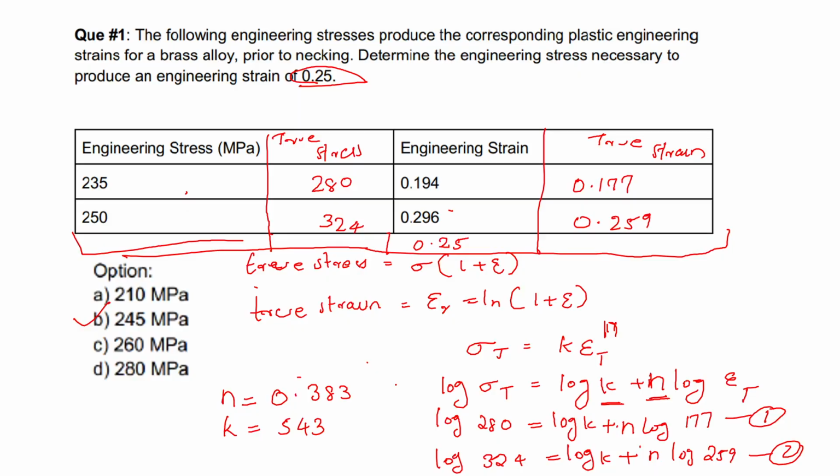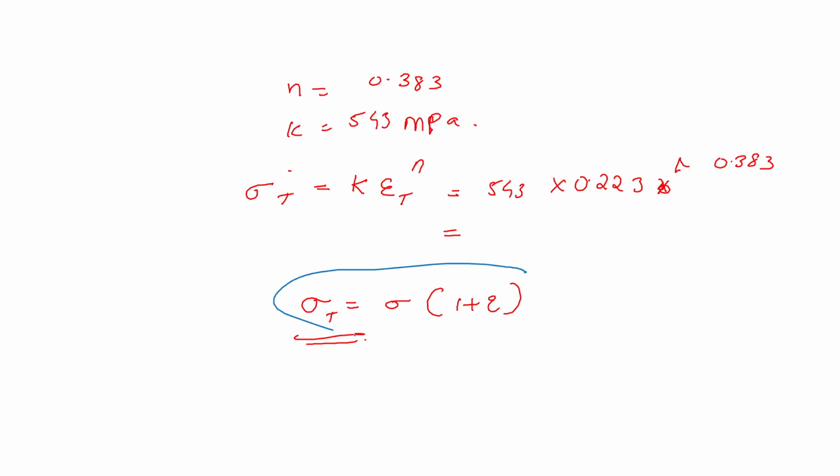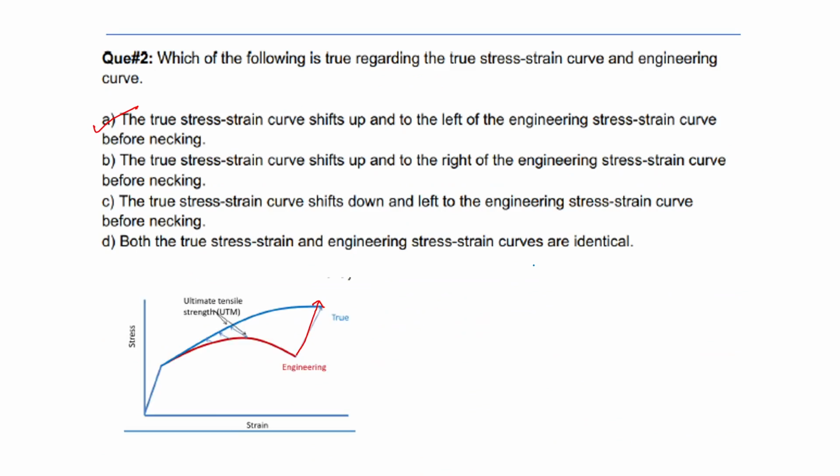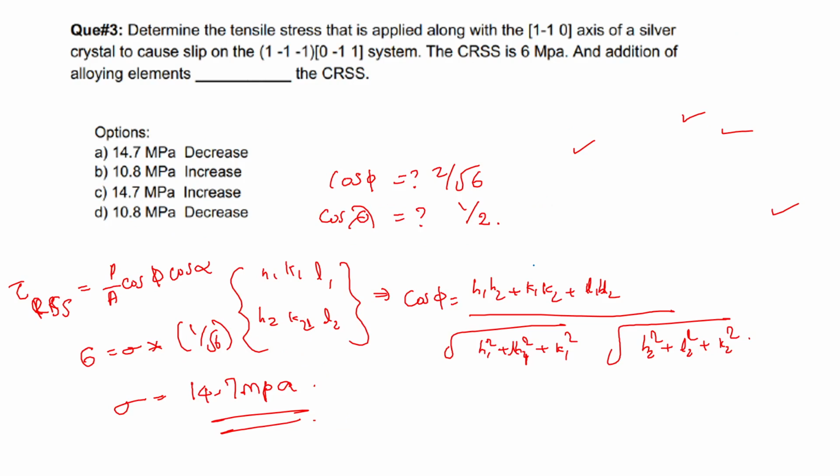You should know the formulas for engineering stress, true stress, engineering strain and true strain, and remember them. For the stress strain curve, you have to remember the engineering curve and true curve, because four problems will come from that.